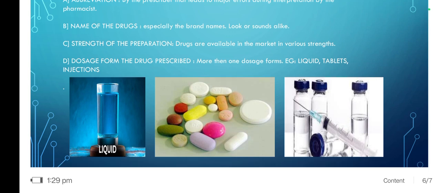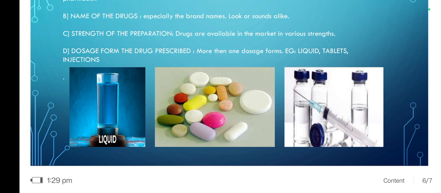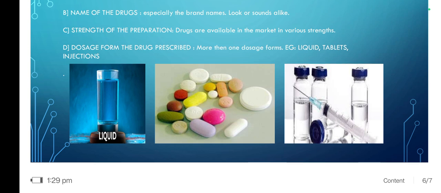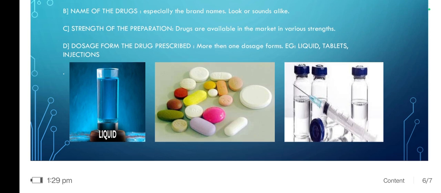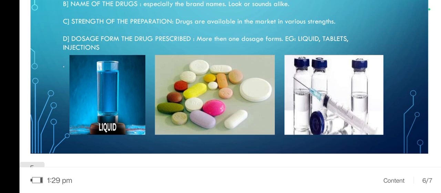Strength of the preparation. Drugs are available in the market in various strengths. D, doses of the drug prescribed, and injections. The dosage form: it is helpful when prescribed in more than one dosage form, for example liquids, tablets, and injections. Liquids means oral rehydration, ORS, and tablets are dosage forms.